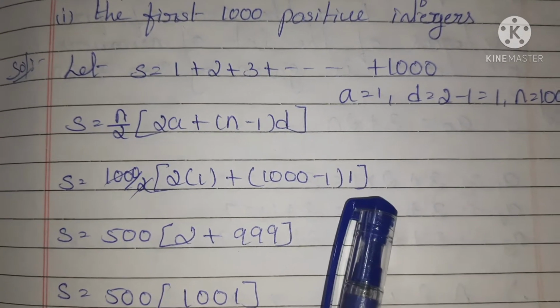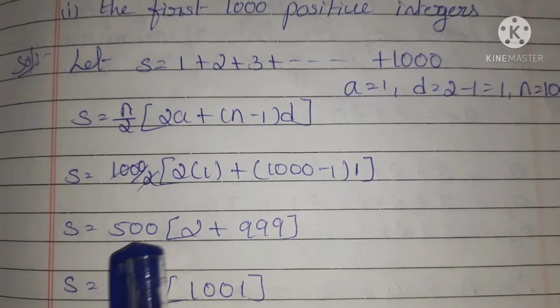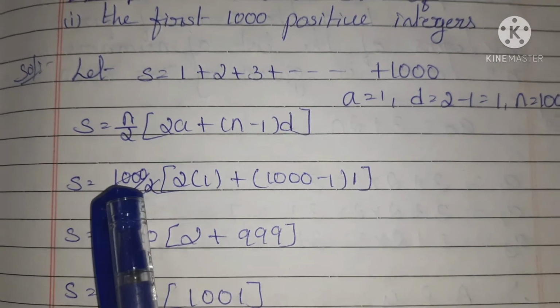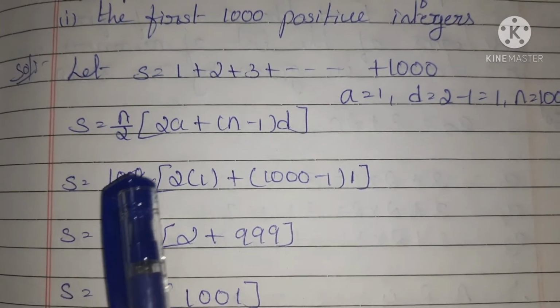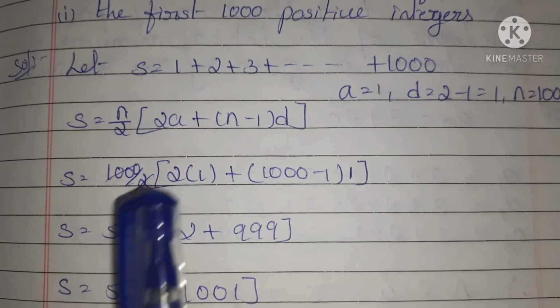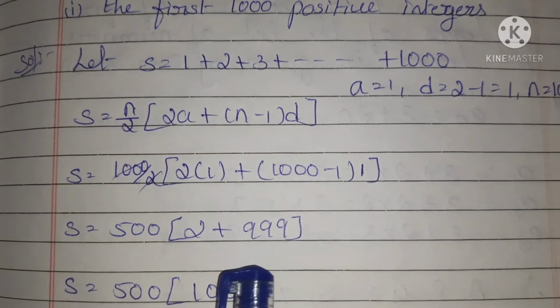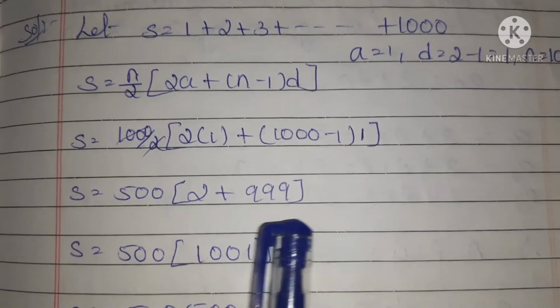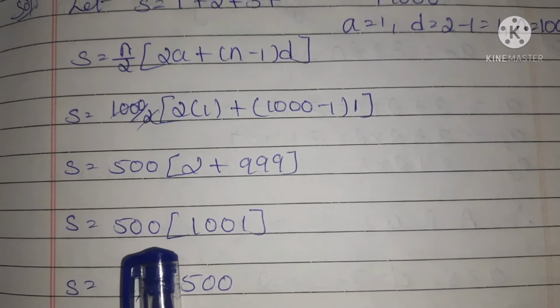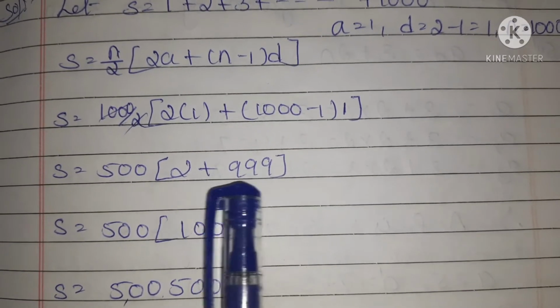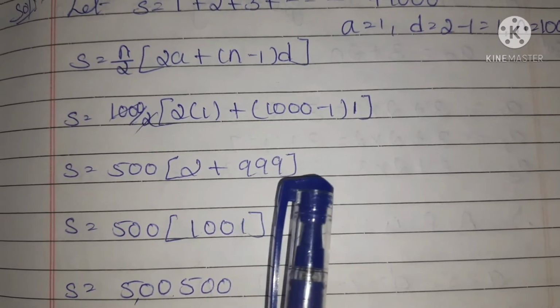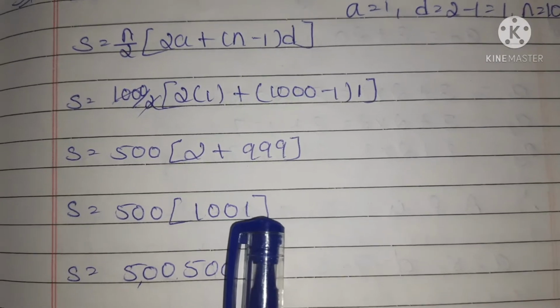Now S is equal to, here 2 fives are 10 and 2 zeros, that means 500. Here 2 ones are 2 plus 1000 minus 1 is 999. Now S is equal to 500 into 2 plus 999 is 1001.